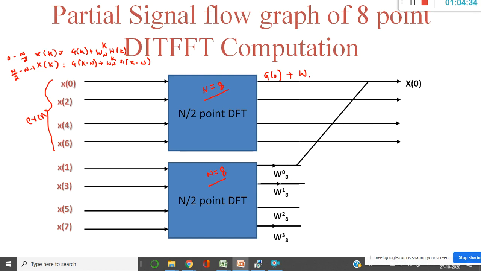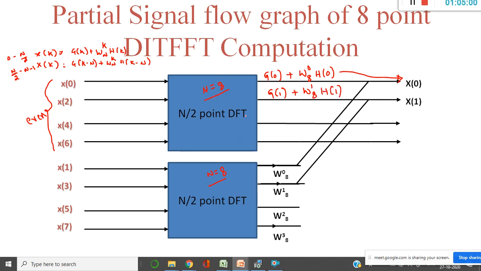So W_8 to the power of 0 into H of 0. That's how you get capital X of 0, right? Next, g of 1. What is this? X of 1. How do you get the X of 1 value? X of 1 is going to be received as g of 1 plus W_8 to the power of 1 times h of 1.